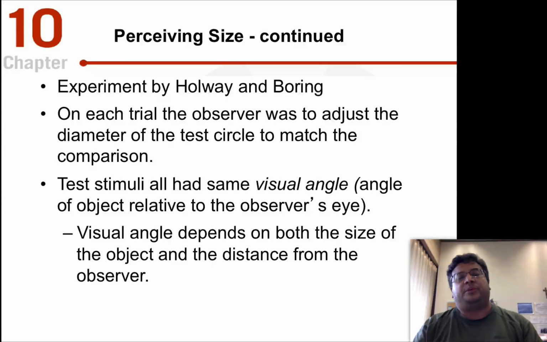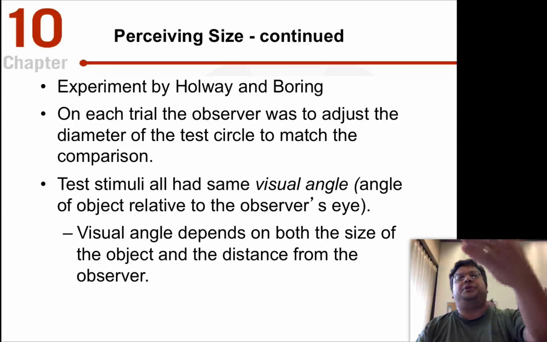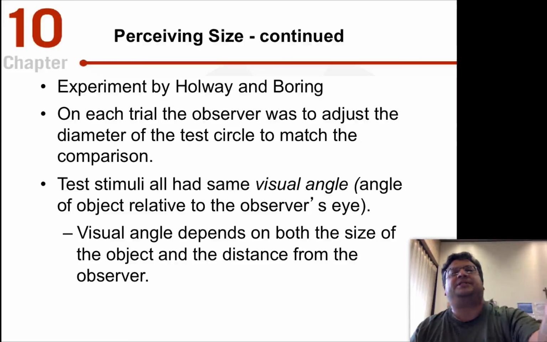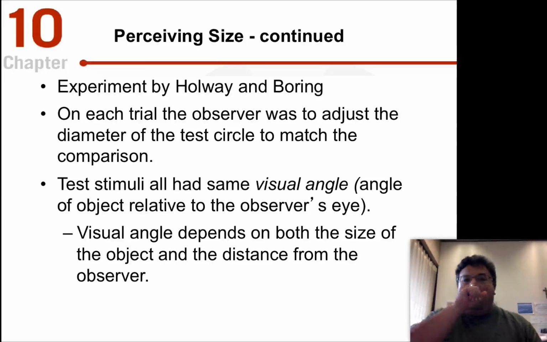So this was the thing that they were trying to figure out: what cues do we use to perceive size, or what's the relationship between our perception of size and how far away things are.